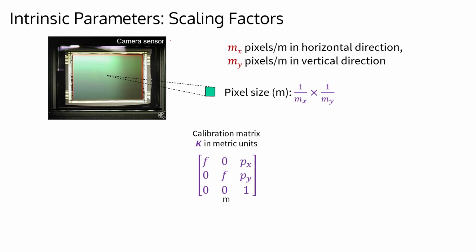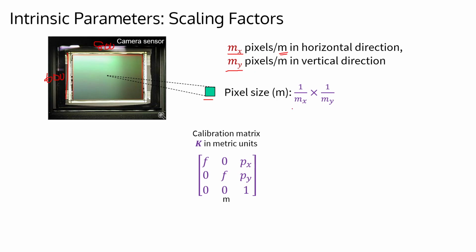Now when you look at the camera sensor, it is composed of pixels, as you know. For example, you can have a resolution of 600 times 800 for a very small sensor. Now digital cameras have 4000 by 6000, large ones. So mx is pixels per millimeter in the horizontal direction, and my is pixels per millimeter in the vertical direction.